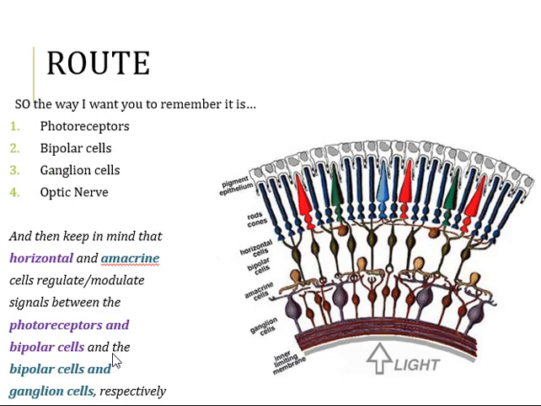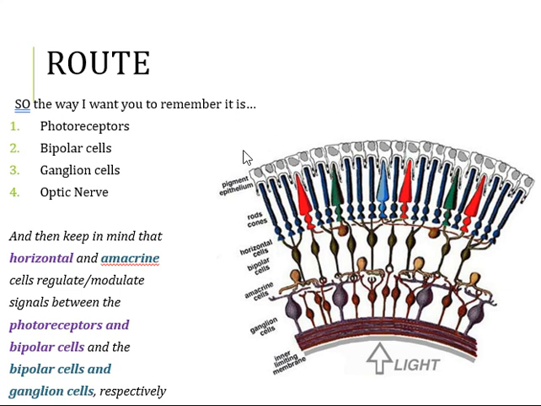So to bring everything that we just talked about together, the best way to remember light hitting the retina goes photoreceptors. So back here, or no, excuse me, this one's flipped.